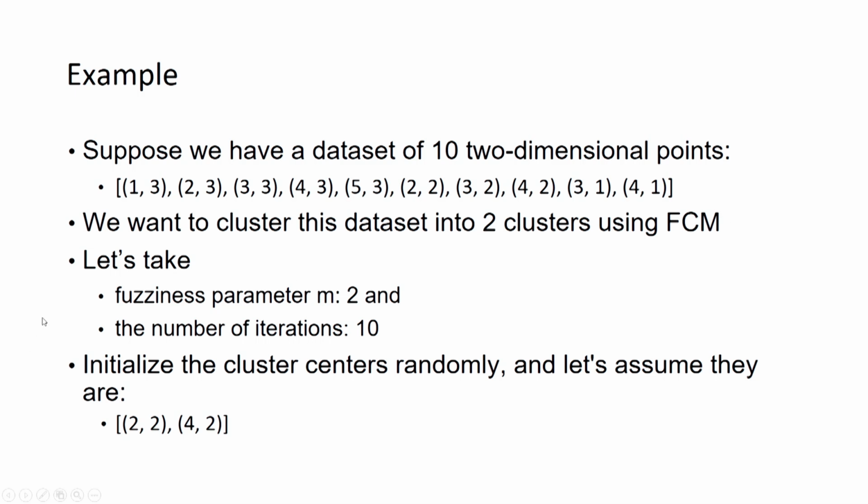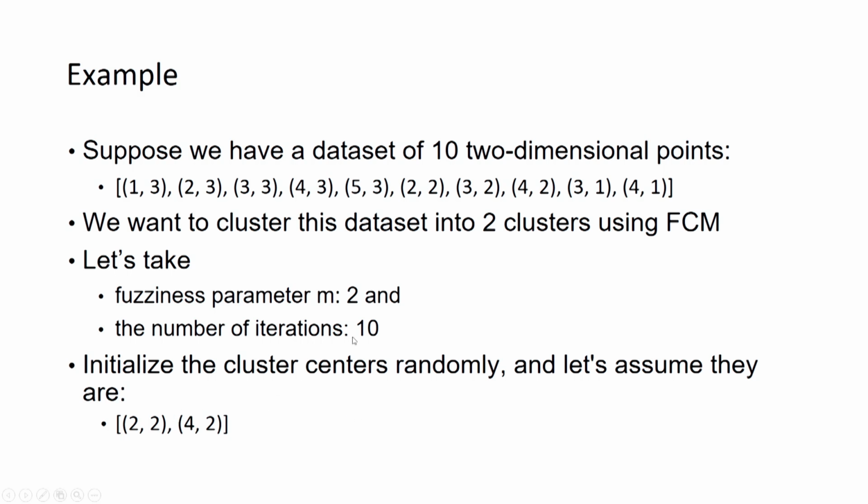So, we need to take 2 values, C and M. C is already given, C is 2, and M we are taking as 2. We are fixing the termination criterion as the number of iterations, which we are taking as 10. So, the first step is we need to initialize cluster centers randomly.